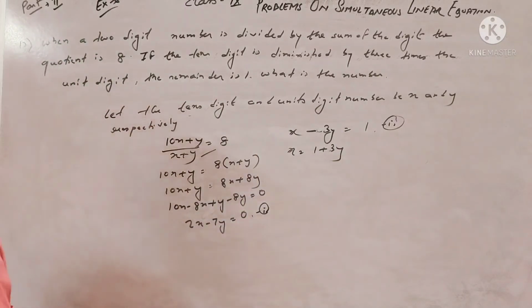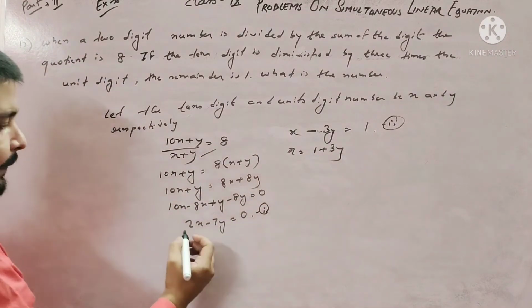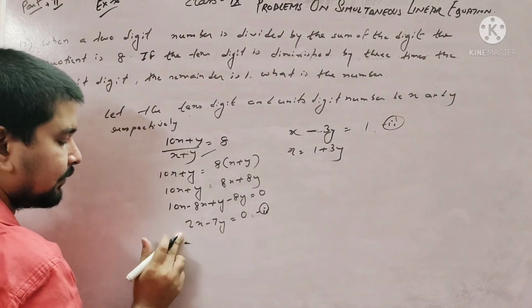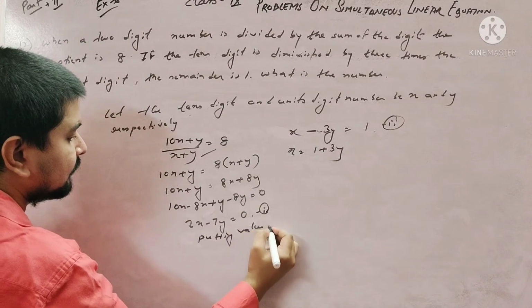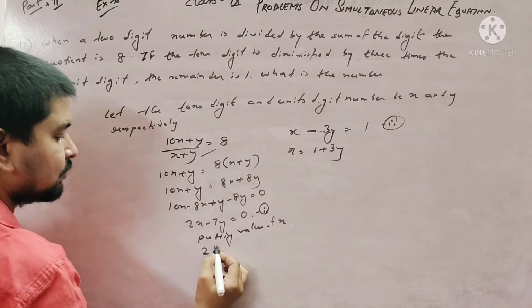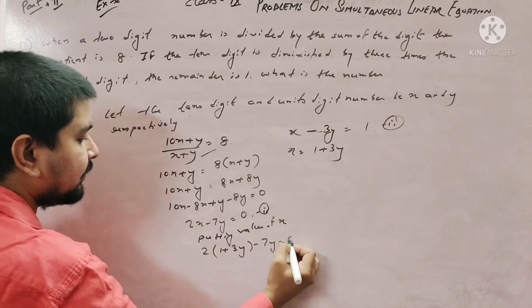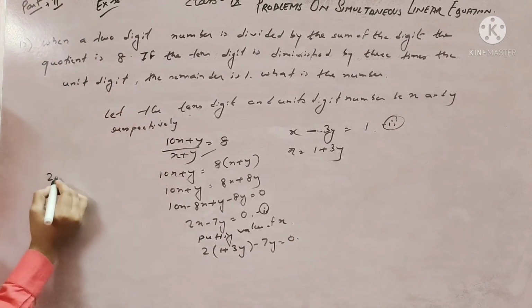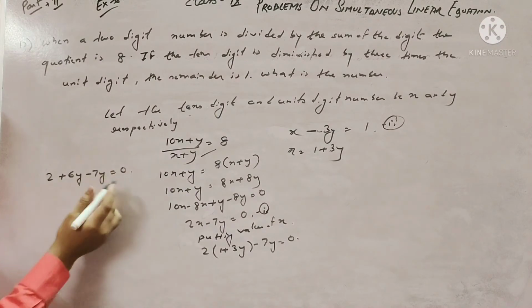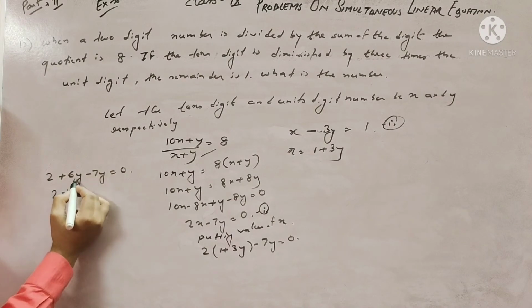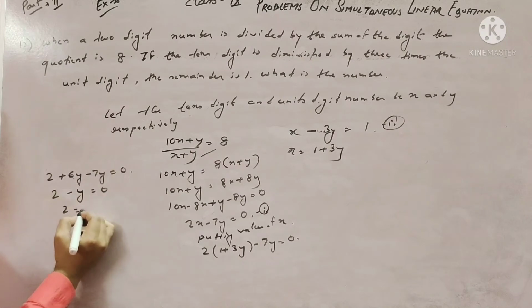Putting this value of x in equation 1: 2 times 1 plus 3y minus 7y equals 0. So 2 plus 6y minus 7y, that is minus y, equals 0. So 2 equals y.